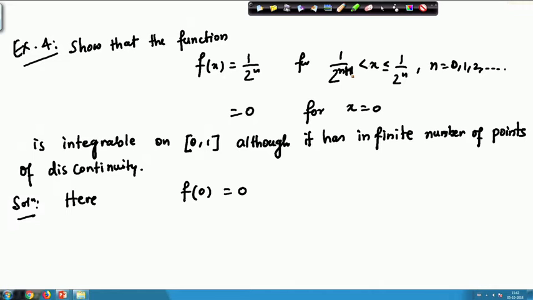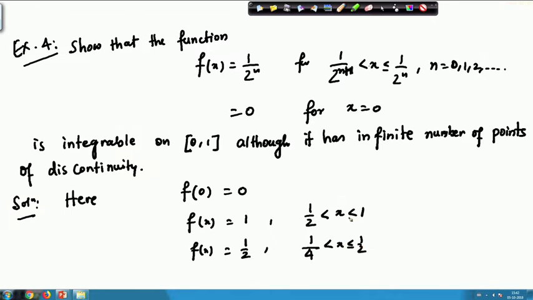When n is 0, f(x) equals 1 for x between half and 1, then f(x) is 1 by 2 for x between 1 by 4 and 1 by 2, and so on.